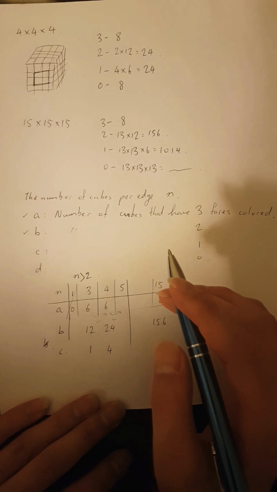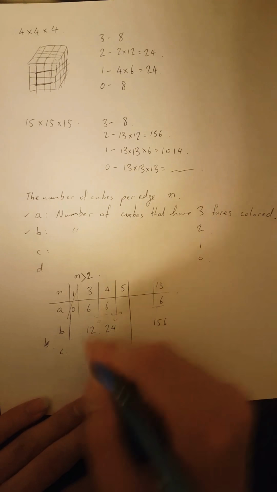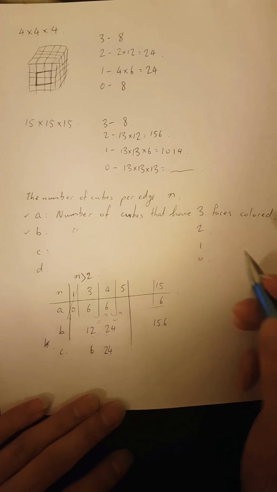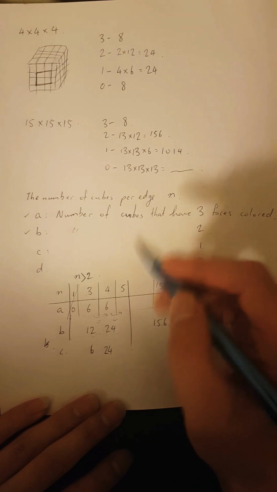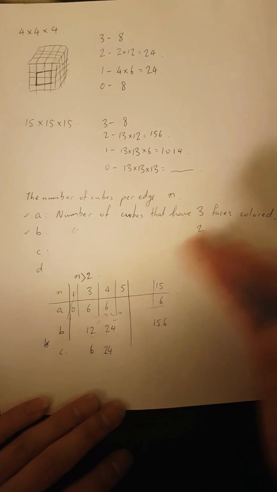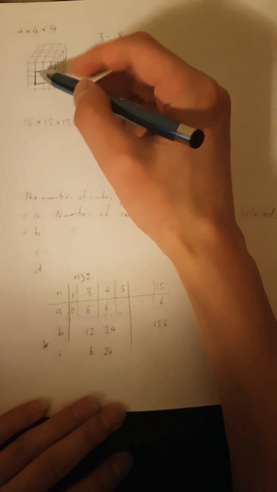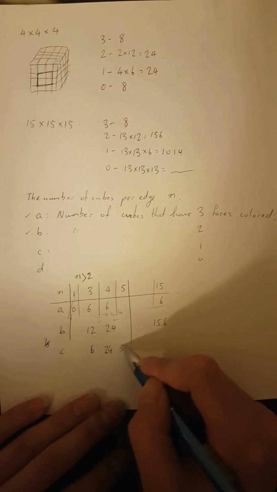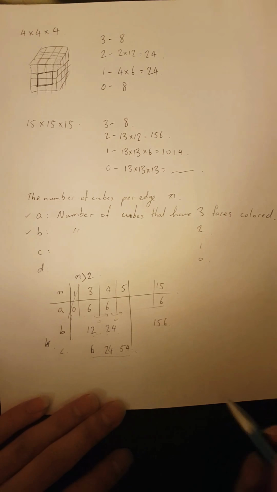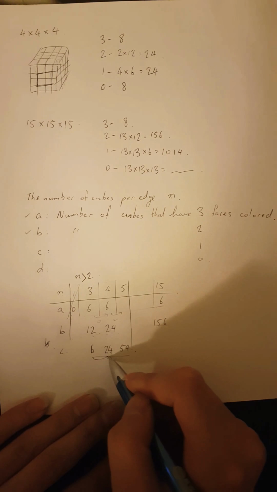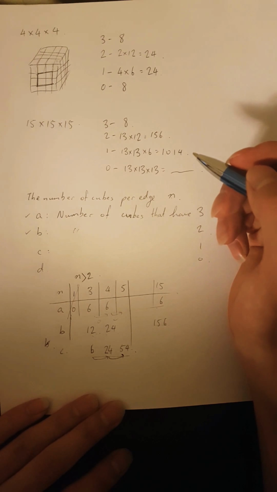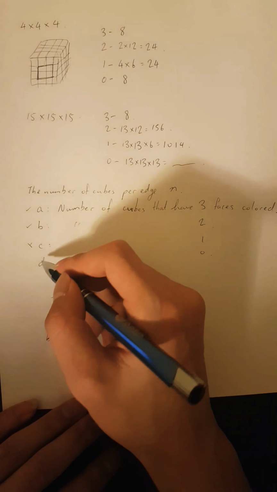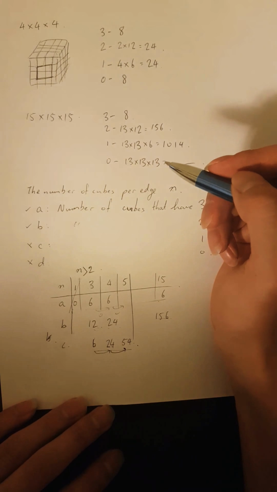Per face, this is 6 because it's 1 times 1 times 6, and this is 24 because it's 2 times 2 times 6. When n is 5, in the middle there's going to be 3 by 3 per face, so it's 3 times 3 times 6, which is 54. Immediately you can see that this is not an arithmetic progression because the differences are not common. So C is not in a linear relationship. And it's your exercise to see that D is not in a linear relationship either.